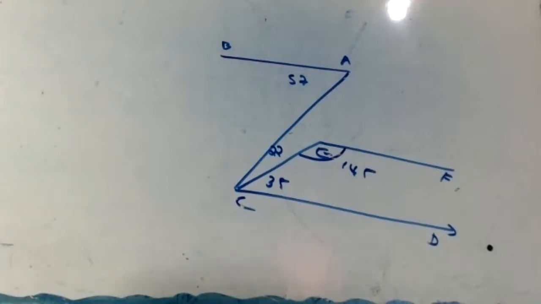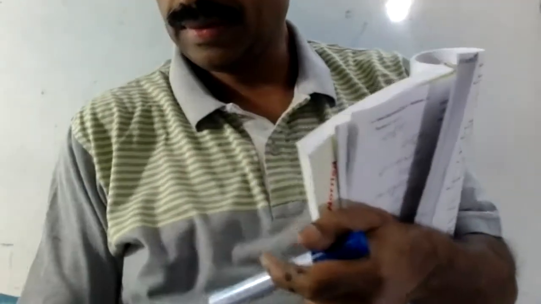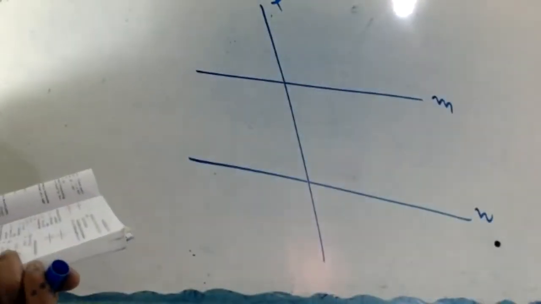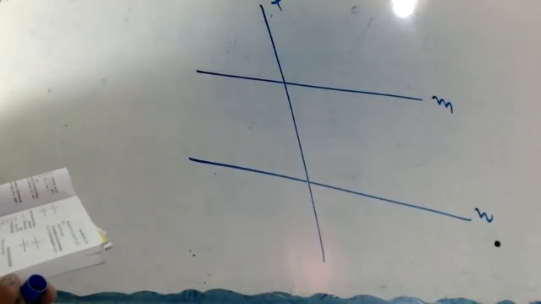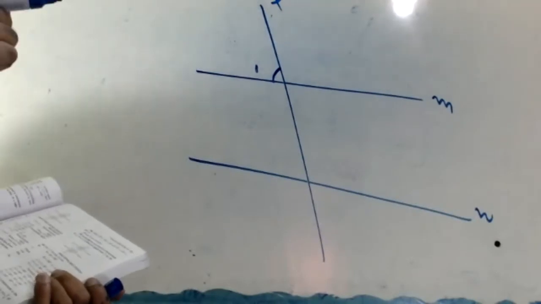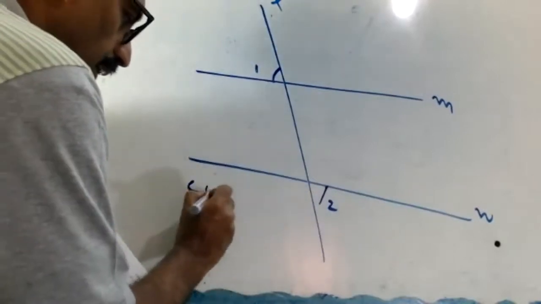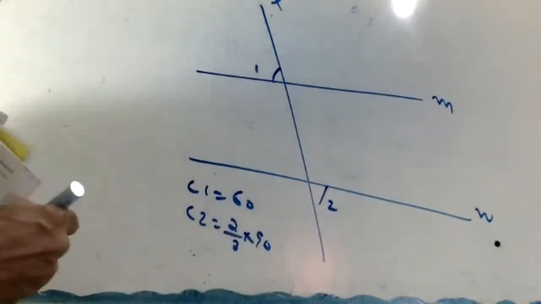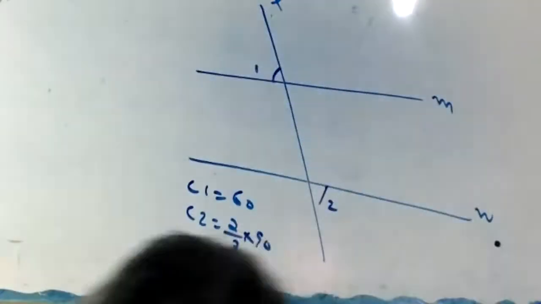Okay. So next one, right? In figure, L is a transversal to the lines M and N, such that angle 1 is 60 and angle 2 is 2/3 of a right angle.